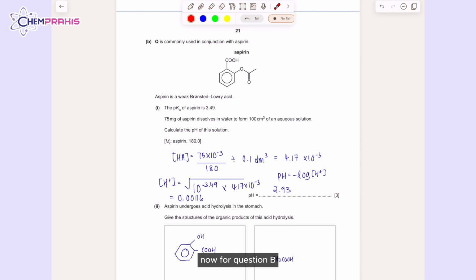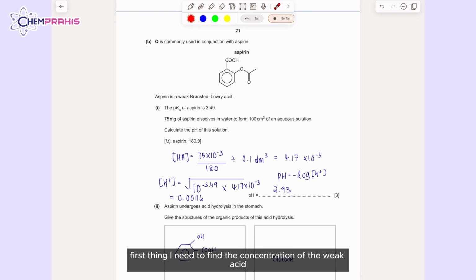Now for question B, Q is commonly used in conjunction with aspirin. Aspirin is a weak Brønsted-Lowry acid, and the pKa is 3.49. 75 milligrams of aspirin is dissolved in water to form 100 cm³ of an aqueous solution. Calculate the pH of this solution. Since we are doing the calculation for a weak acid, first I need to find the concentration of the weak acid.